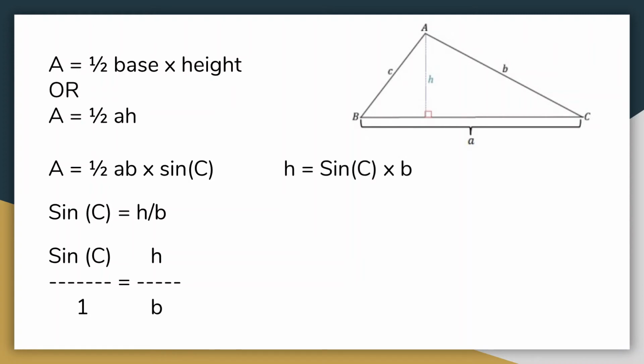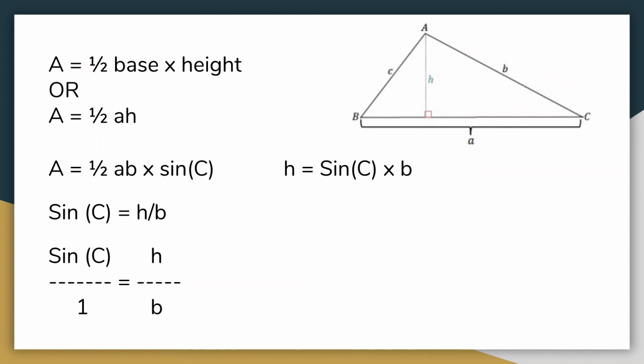If we cross multiply, we get H times 1, which is H, and that's equal to sine of C times B. We don't know the numerical value of H, but we do know that H is equal to sine of C times the side B. And we would know what those values would be: we would know angle C, and we would know what B is.